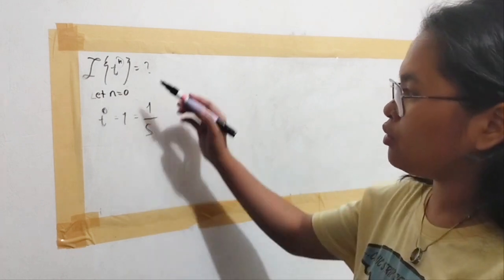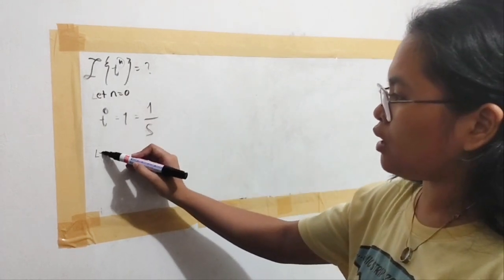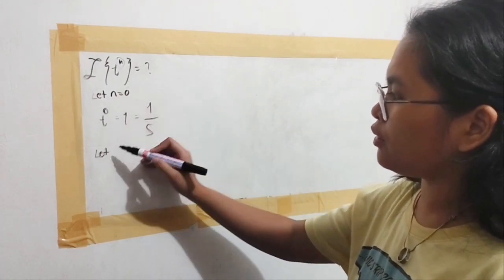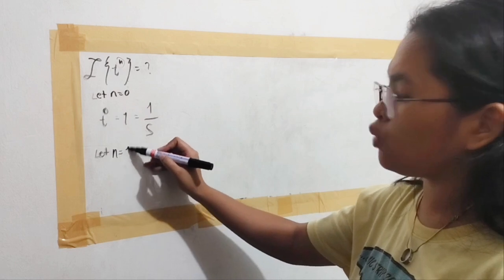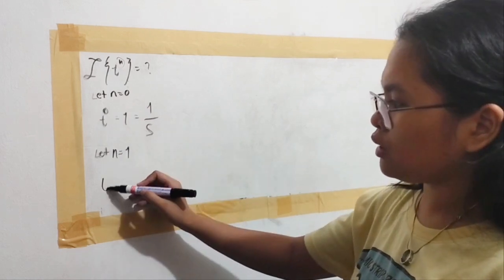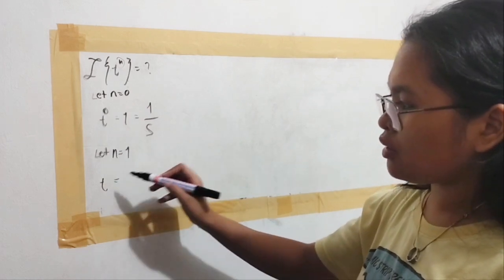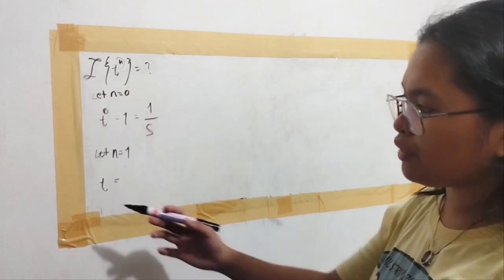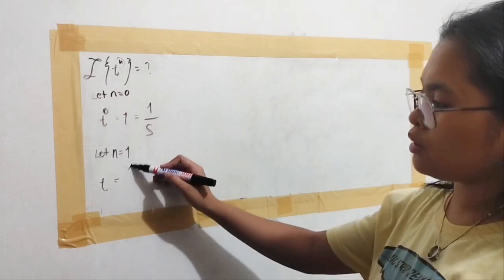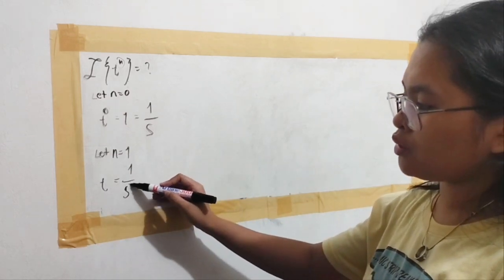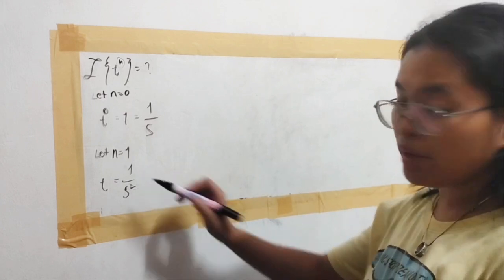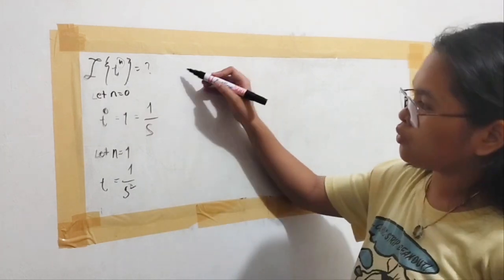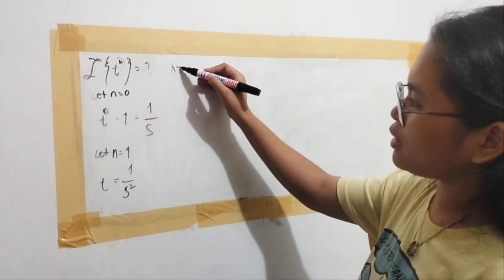So let's proceed to let n be 1. So t raised to 1 is just t, and the Laplace transformation of t, we all know that it is 1 over s squared, right?